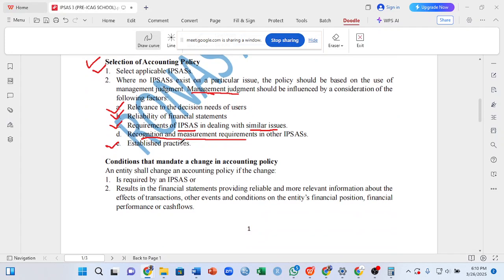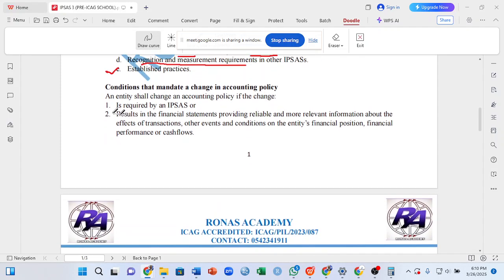The next one is, what are the conditions that will warrant you to change an accounting policy? What will warrant you to change an accounting policy is two. Number one is that it should be required by IPSAS. I don't know if you have heard, but the revenue IPSAS will be changed next year. Next year, we'll be having new revenue IPSAS. So all the revenue IPSAS you're having will be cancelled. We'll be having a new IPSAS, which is already in force, just that the effective date is not starting this particular year.